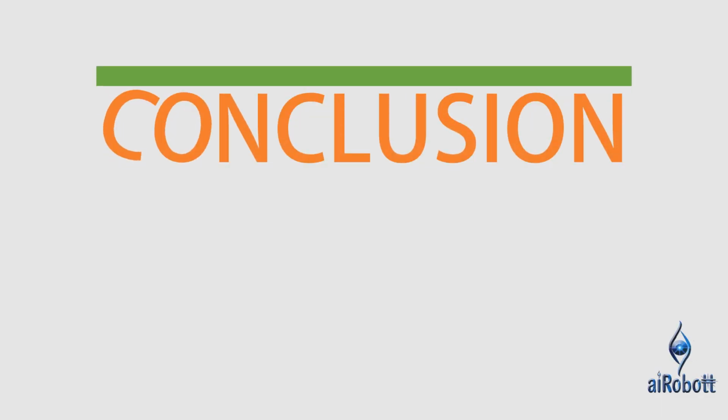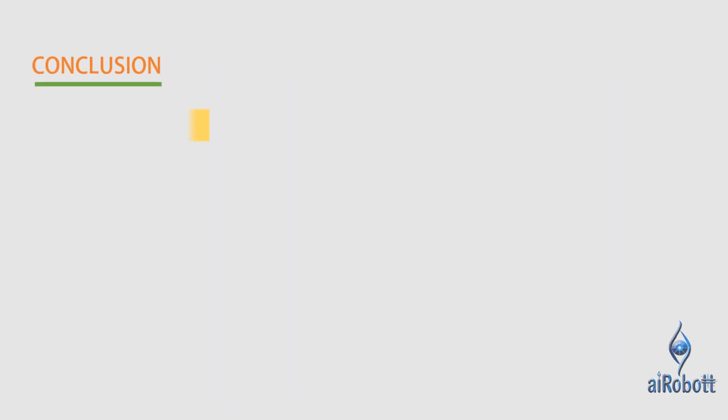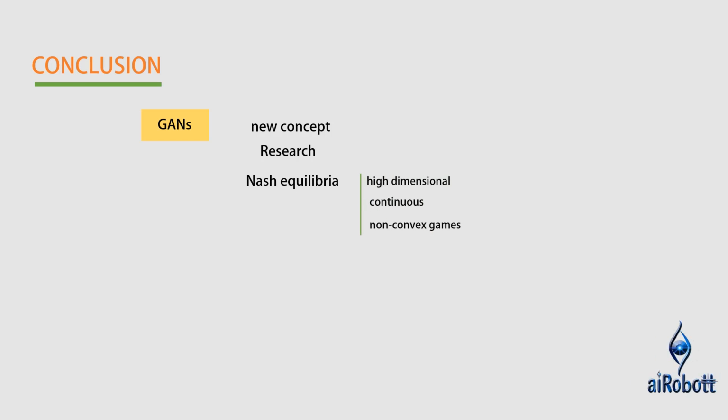Let's come to the conclusion. GANs are a relatively new concept, and it still requires some research to reach their full potential. In particular, training GANs requires finding Nash equilibria in high-dimensional, continuous, non-convex games.